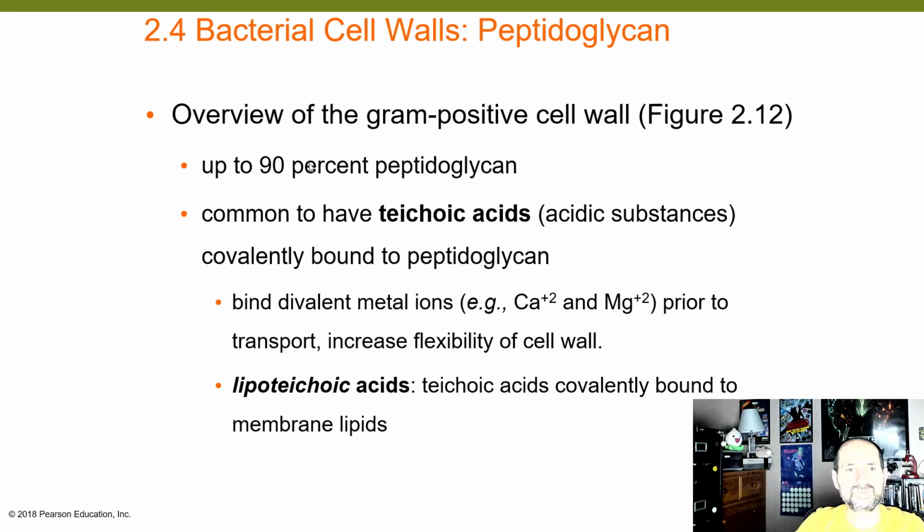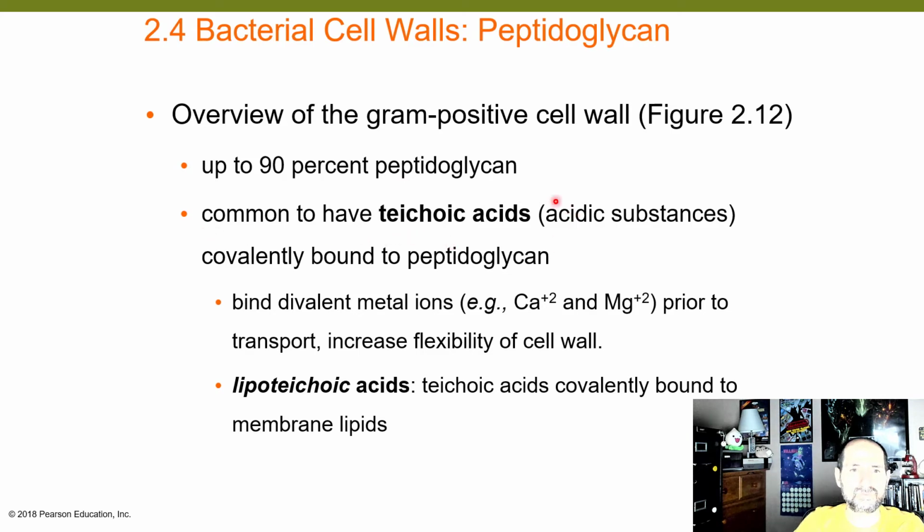All right, now let's discuss the gram-positive cell wall in a little more detail. Remember, the gram-positive cell wall has a thick layer of peptidoglycan, and it could be up to 90% of the cell wall being made of peptidoglycan.